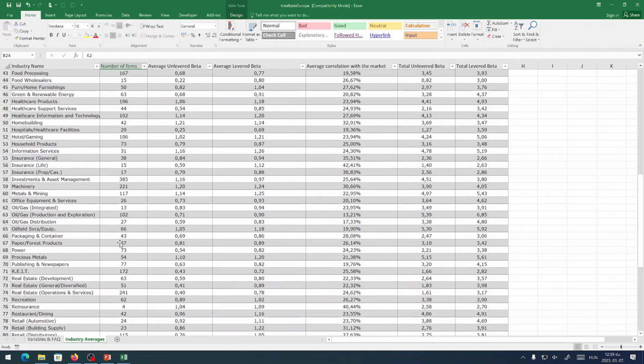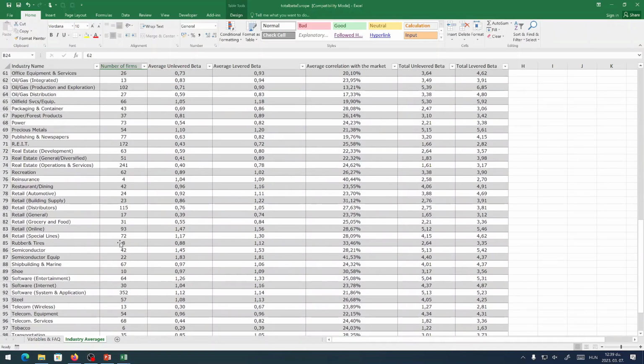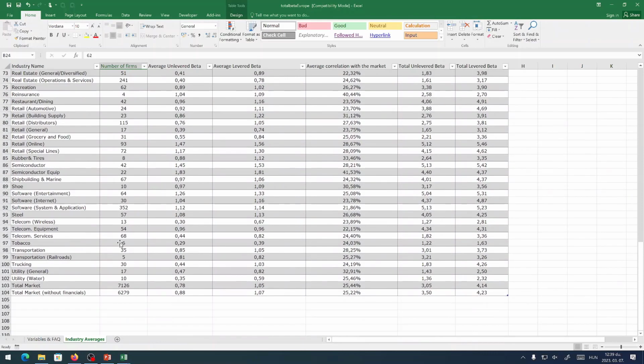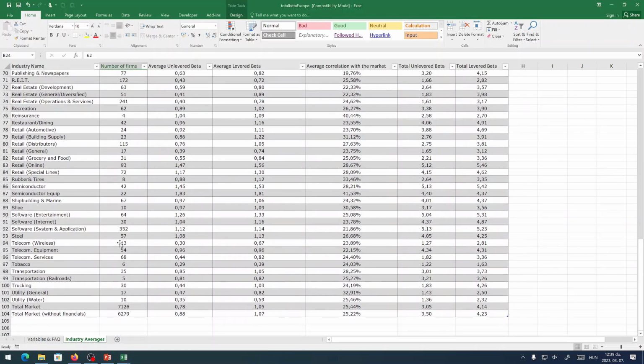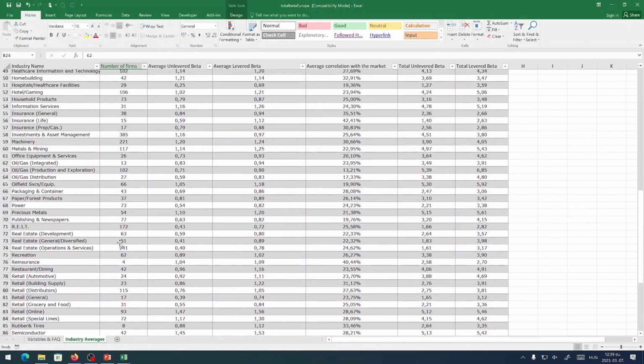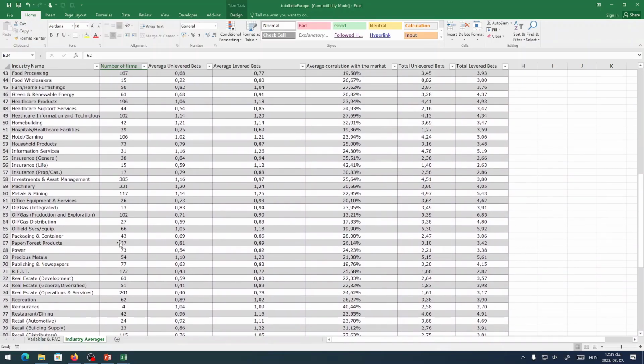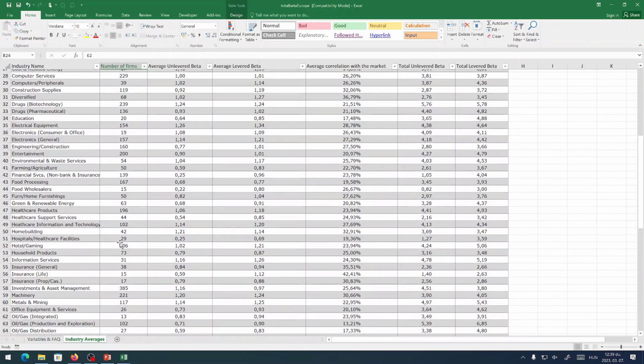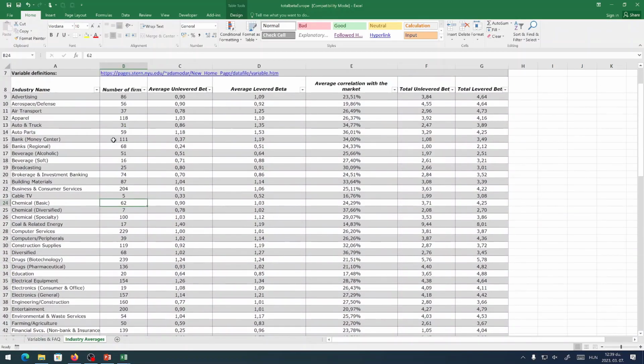And then we just have to check for, what was that? Oh, sorry, the first one was aerospace defense. It doesn't matter which beta we are using, I'm always using the first one, so 0.9.